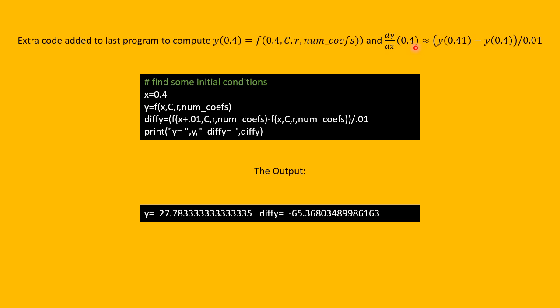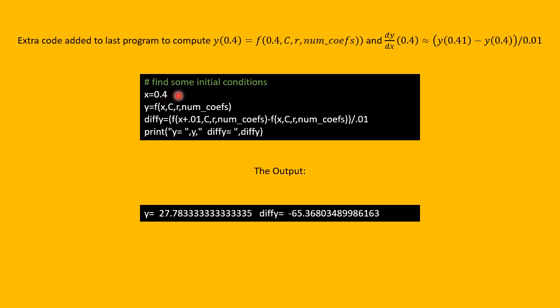And then we can approximate the derivative of y at 0.4 by calculating y of 0.41 minus y of 0.4 divided by 0.01. And here's the code that does it.